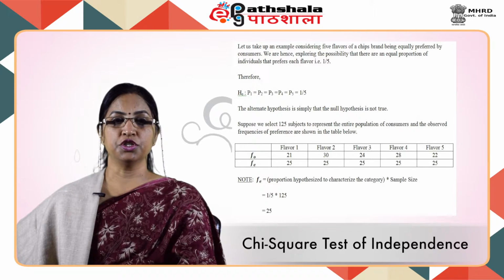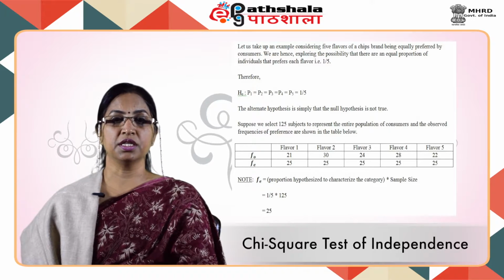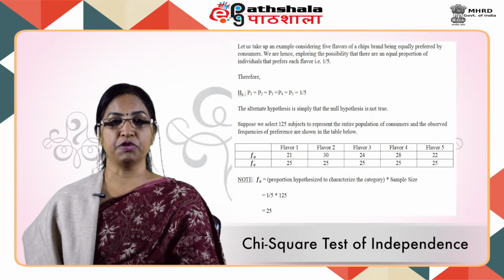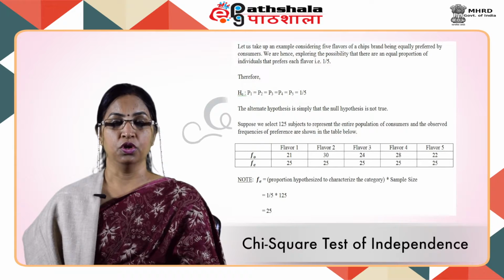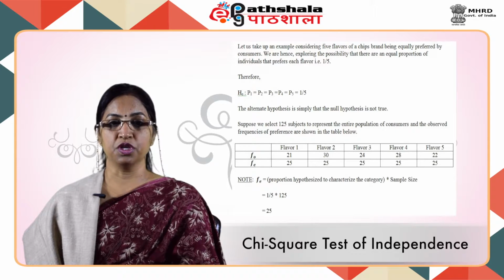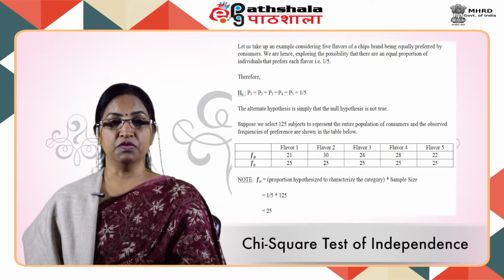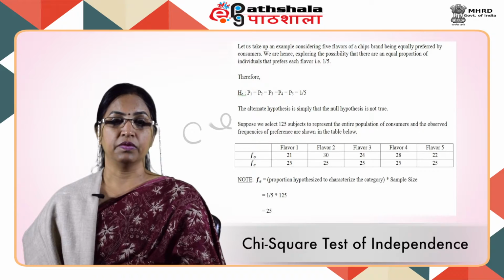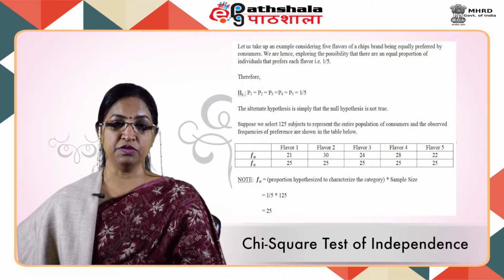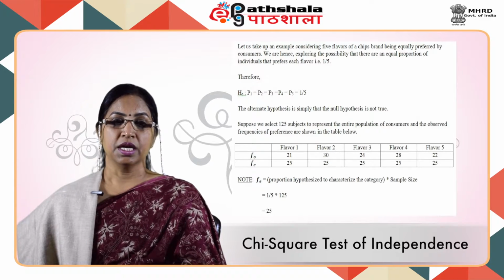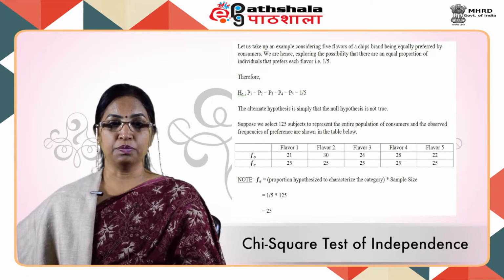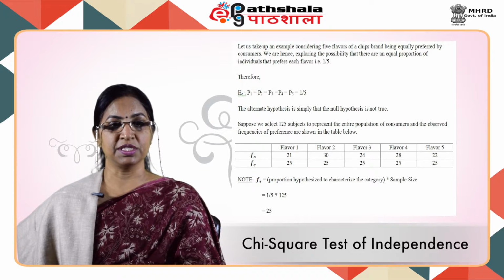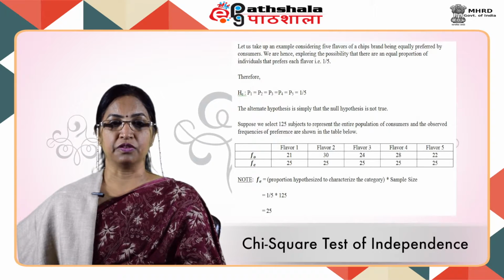Suppose we select 125 subjects to represent the entire population of consumers, and the observed frequencies of preference are shown in the table below. For the 5 flavors 1, 2, 3, 4 and 5, the observed frequencies are 21, 30, 24, 28 and 22, whereas the expected frequency is 25, because the expected frequency is obtained by 1/5 multiplied by the sample size of 125, which makes it 25.